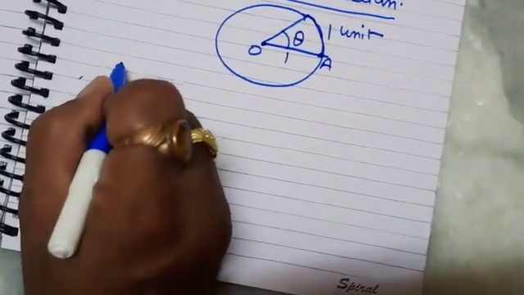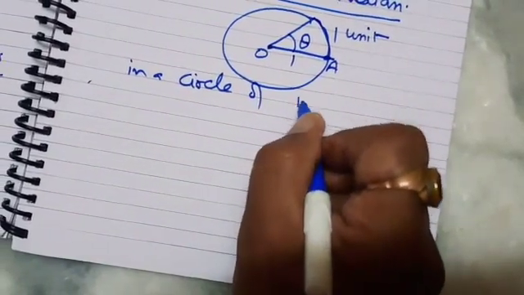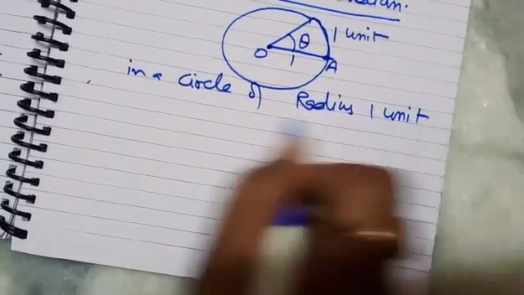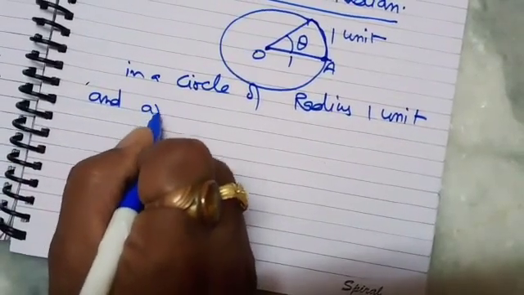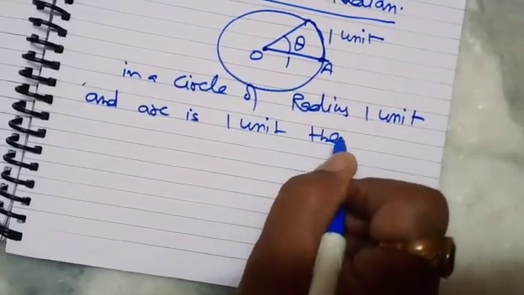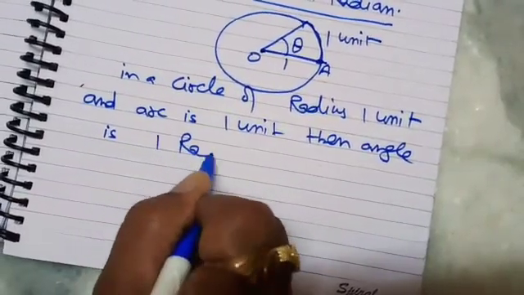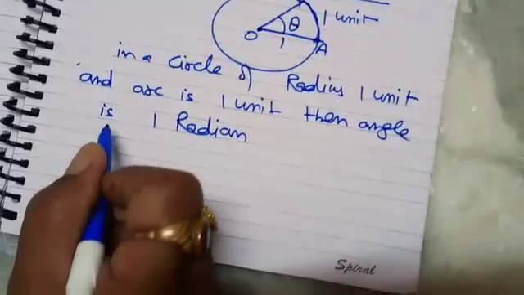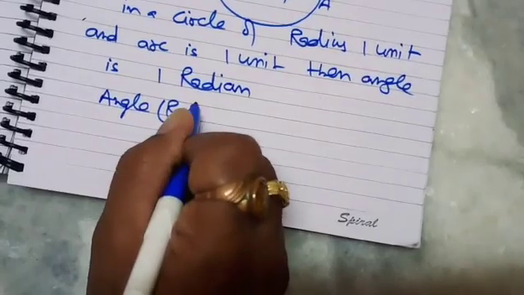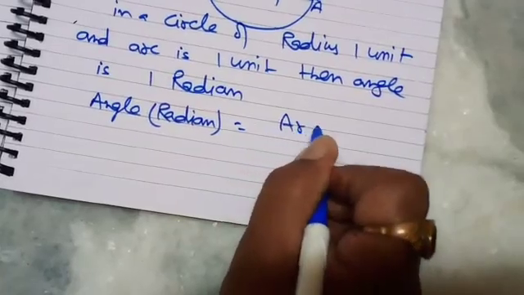So in a circle of radius 1 unit and the arc is also 1 unit, then the angle is 1 radian. The general formula for angle in radians is arc upon radius.